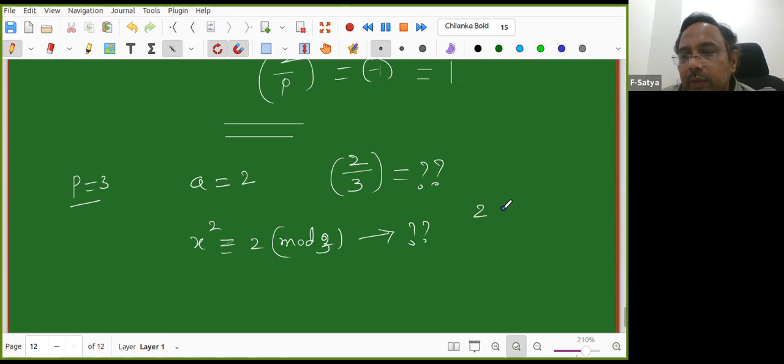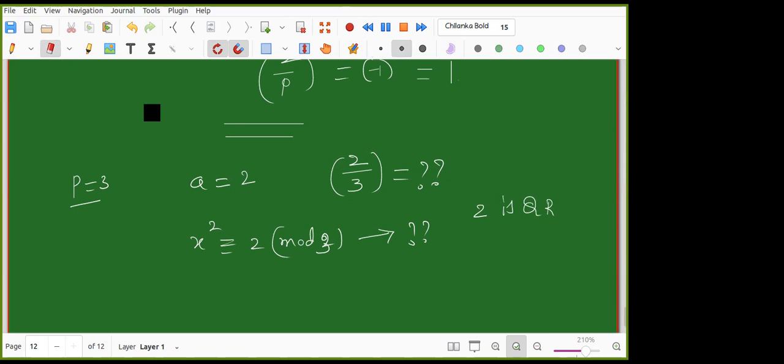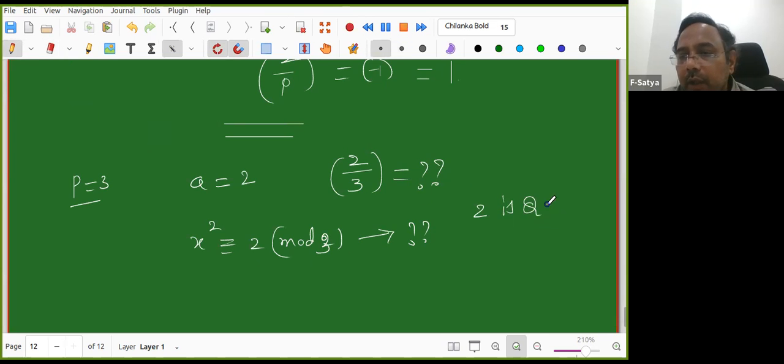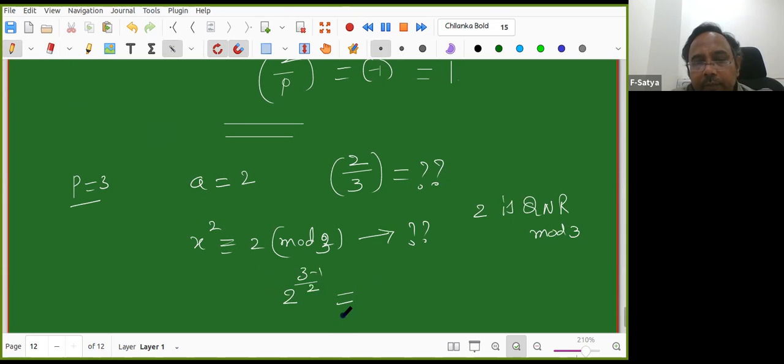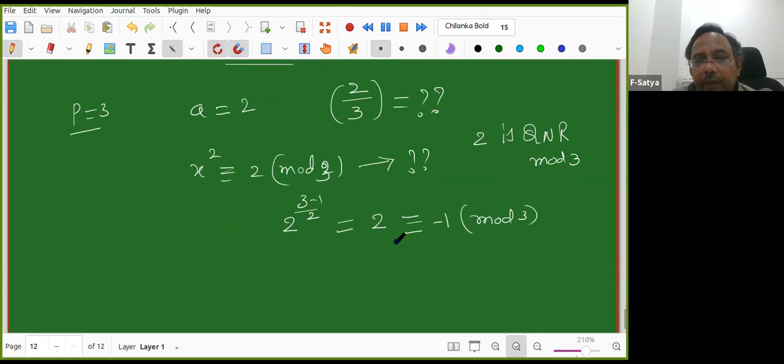So what is 2 now? 2 is a quadratic non-residue modulo 3. Now I will prove it using Euler's criterion. 2 power (3 minus 1) by 2 is how much? 2 only, right? So 2 is congruent to dash modulo 3, 1 or minus 1? Minus 1. So 2 is congruent to minus 1 mod 3.